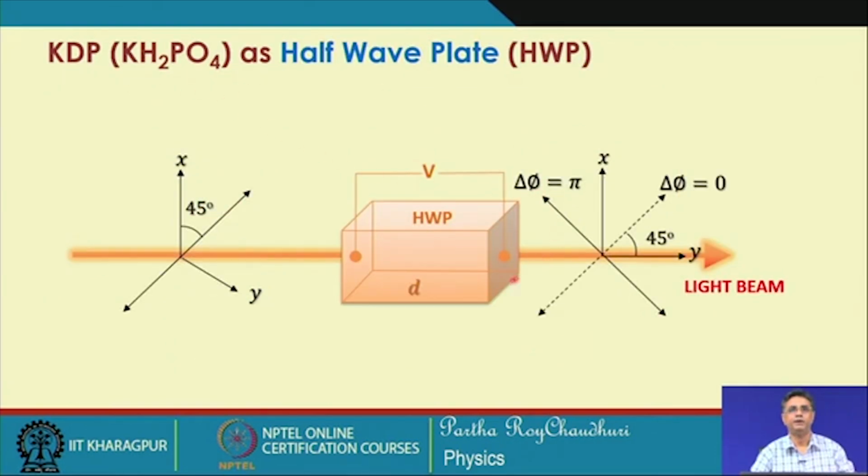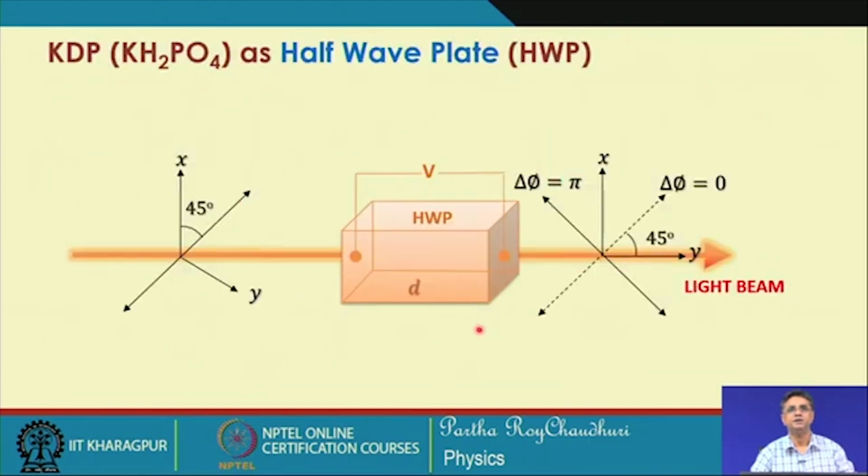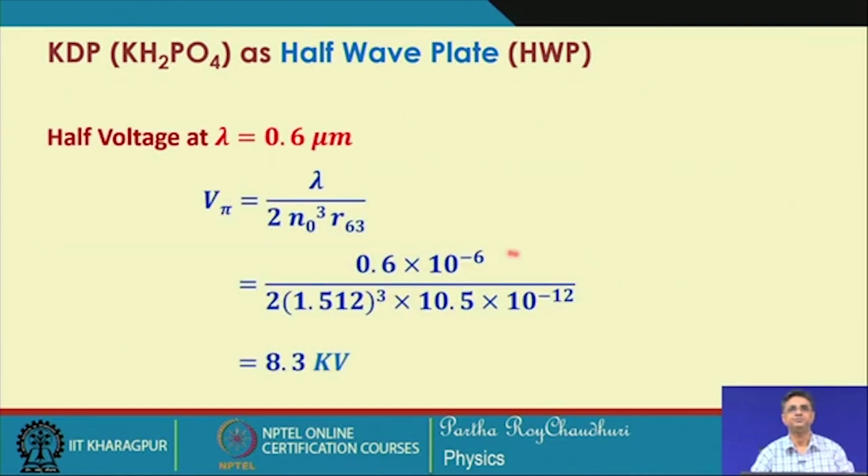So, as a half wave plate, this is the configuration. You have your x, y, and this is at 45 degrees to x and y of the old coordinate system. The voltage is applied in the longitudinal direction. The phase shift will be 0 when it is oriented like this, but the phase shift will be equal to pi when it is oriented in this direction.